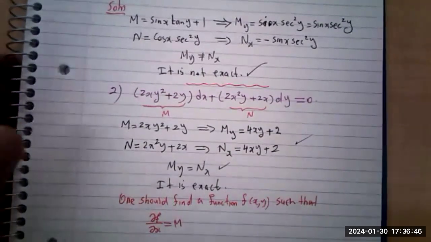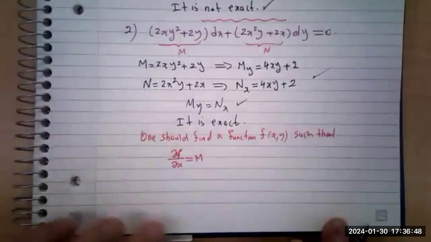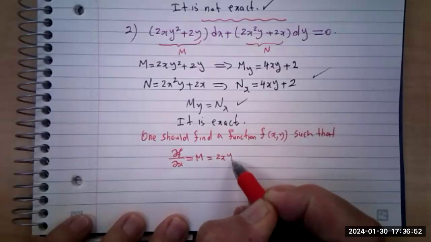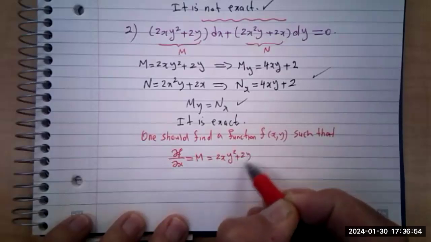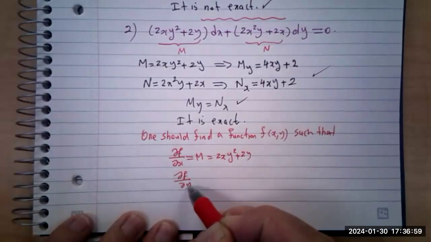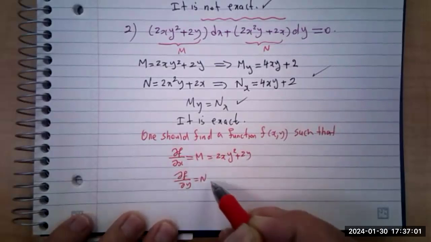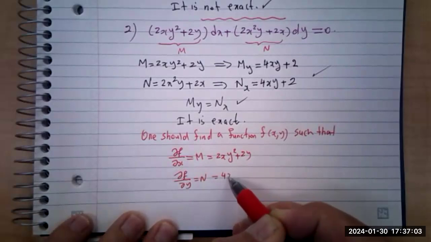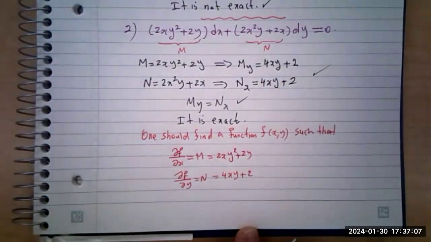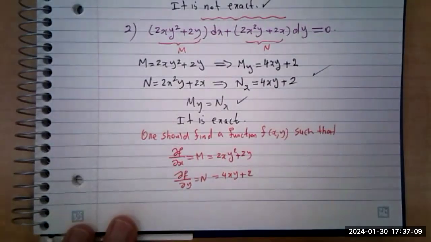That is going to be the first one. And we have M, which is 2xy squared plus 2y. And partial f partial y is equal to N. N is 4xy plus 2. Remember, if you find this function, you just replace it.